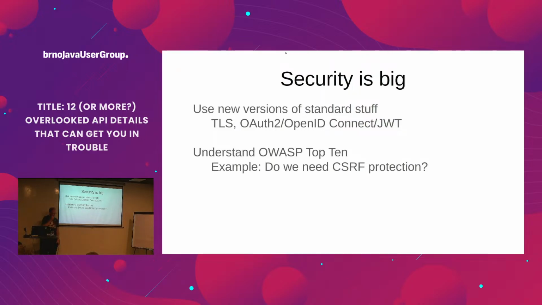However, you need to also understand a little bit what these attacks are about. I also had this experience that a colleague came to me and asked, why do we have the CSRF protection turned off? We have it turned off also in production.